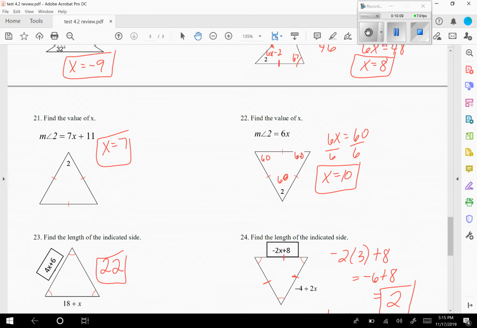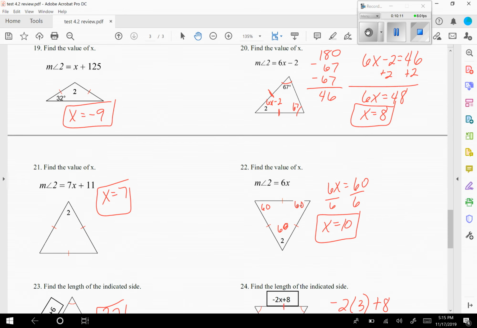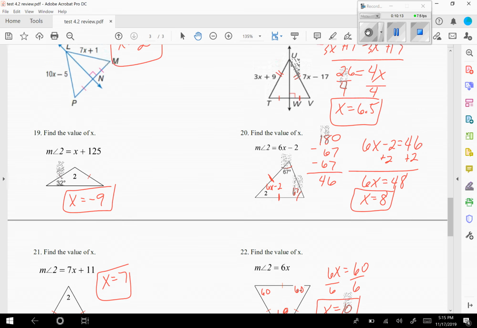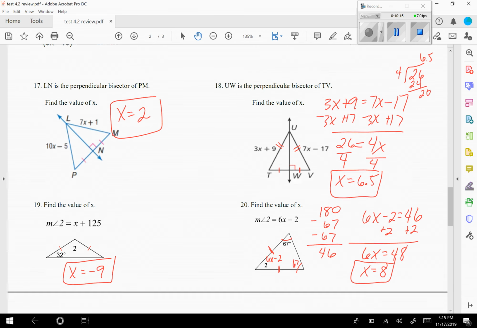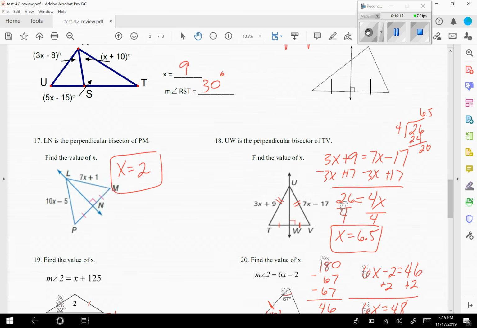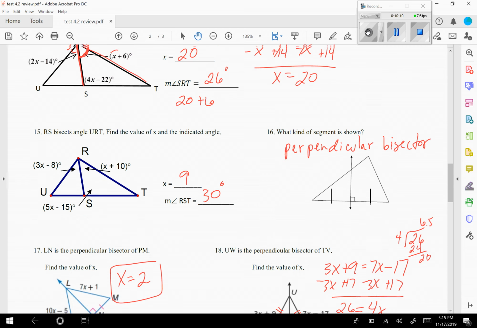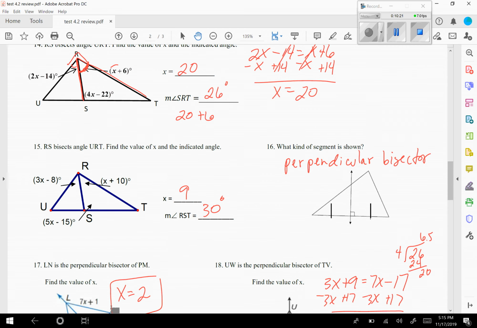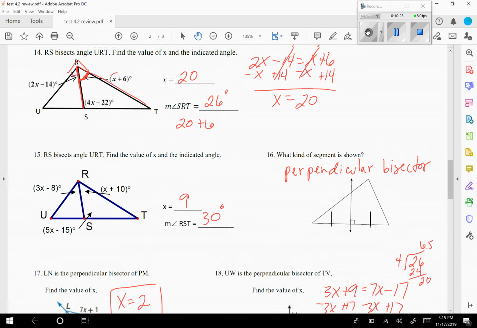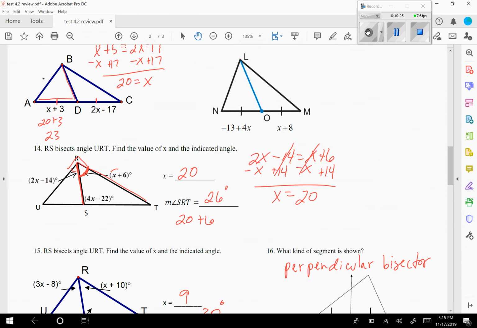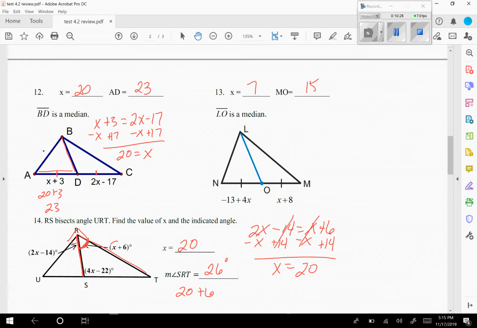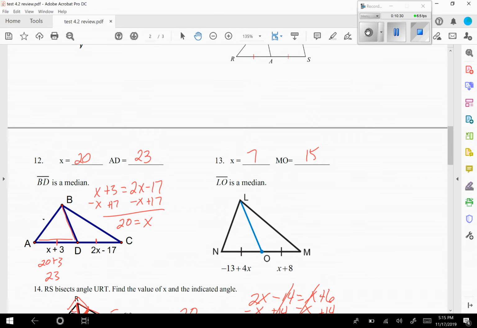Number 21, you should get x is 7. Number 19, you should get x is negative 9. 17, x is 2. Number 15, x is 9, and RST is 30 degrees. Number 13, x is 7, and MO is 15.